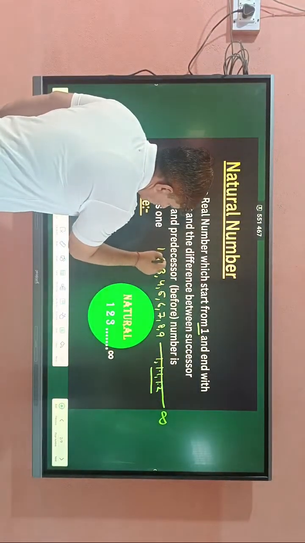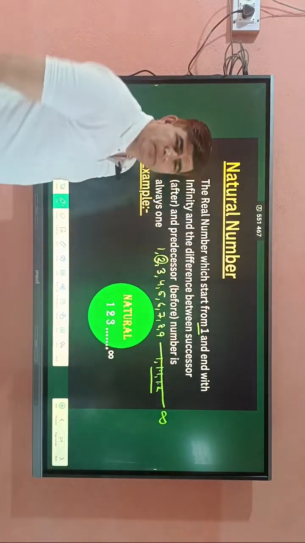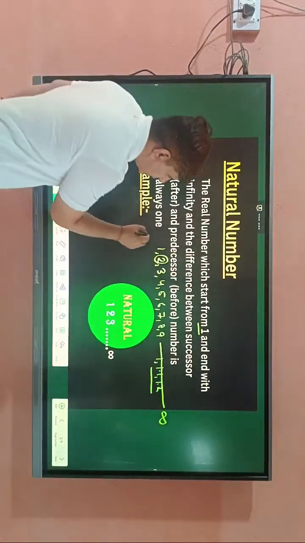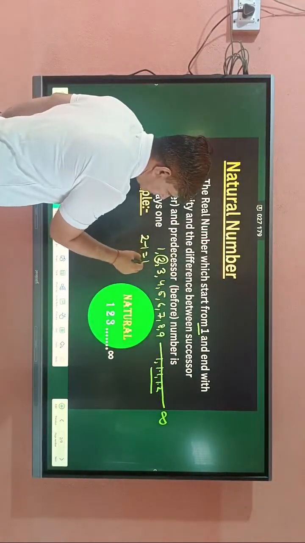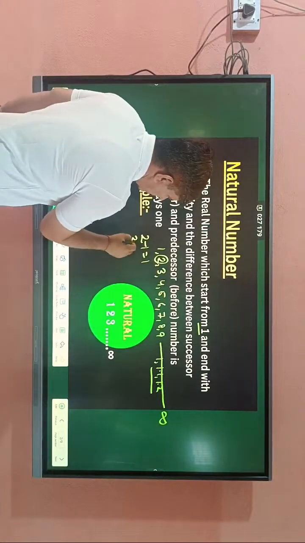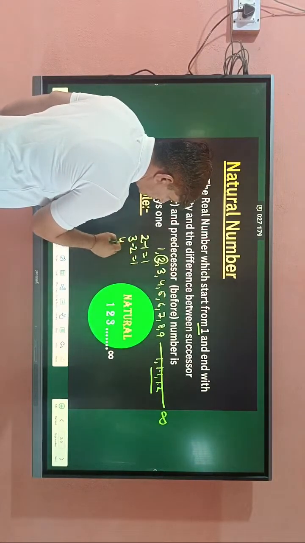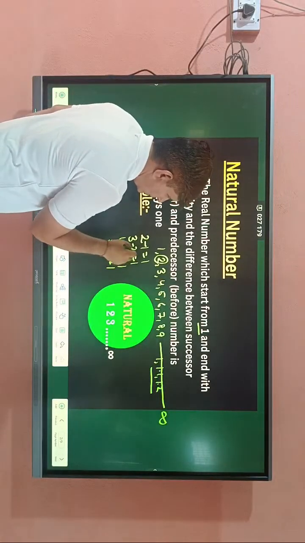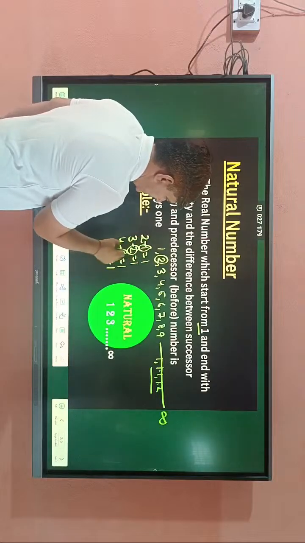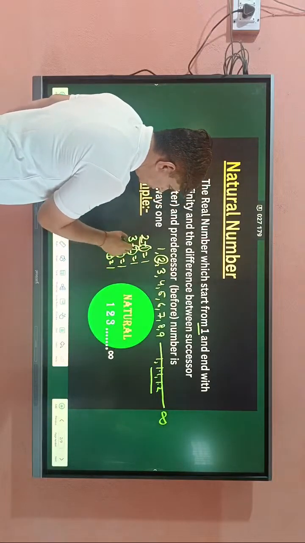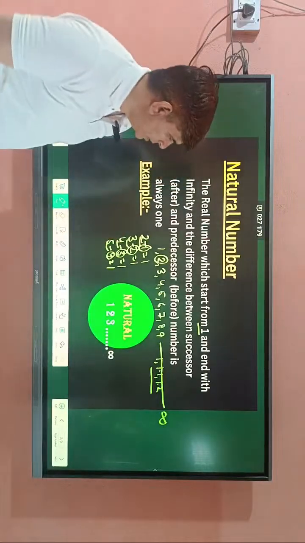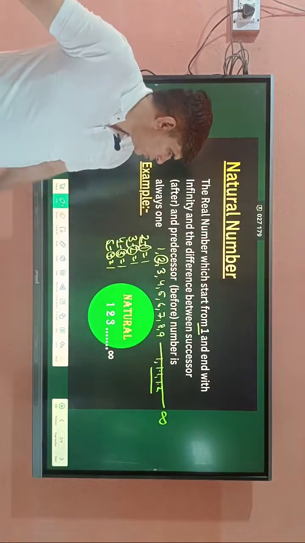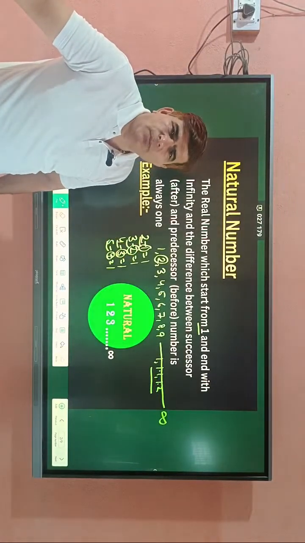So 2 is the successor of 1 and 1 is the predecessor of 2. So what's the difference? 2 minus 1 is 1. 3 minus 2 is 1. 4 minus 3 is 1. 5 minus 4 is 1. These are the predecessors of 2, 3, 4 and 5, and 2, 3, 4, 5 are the successors of 1, 2, 3 and 4.